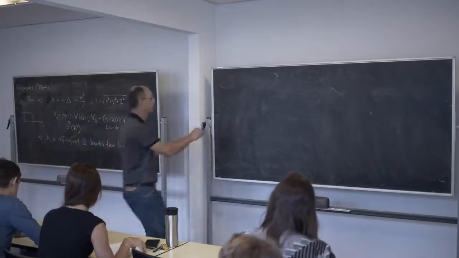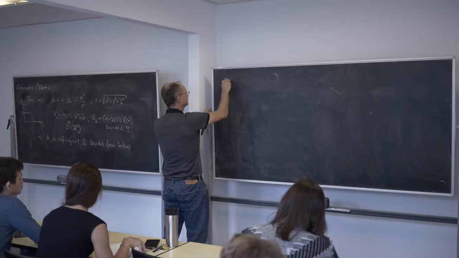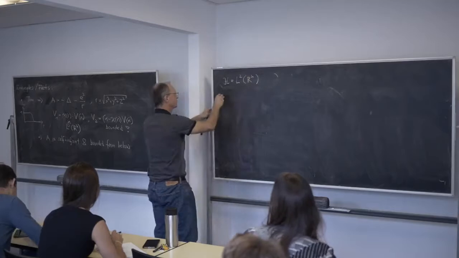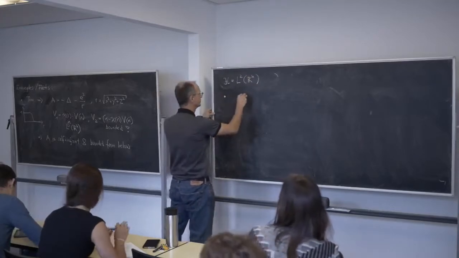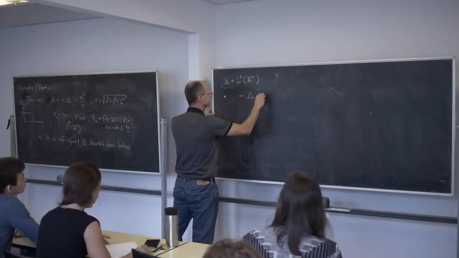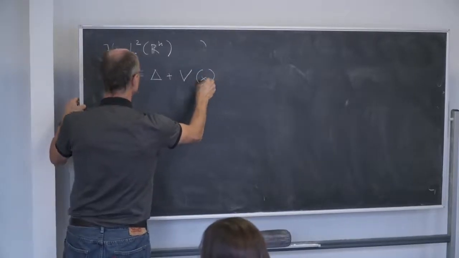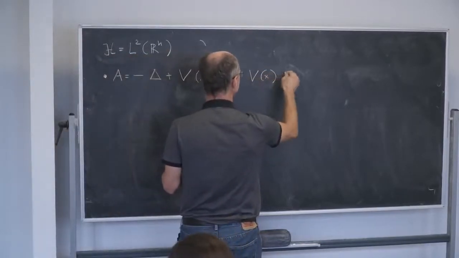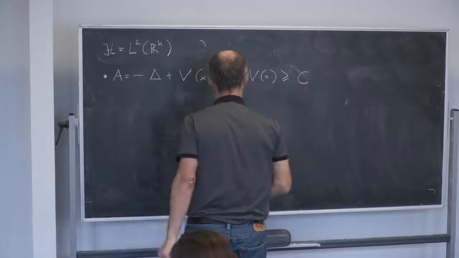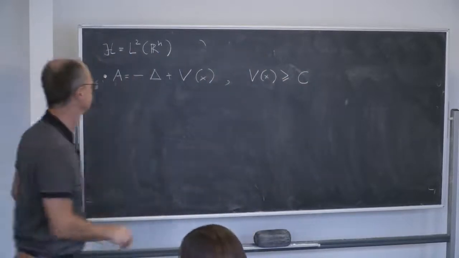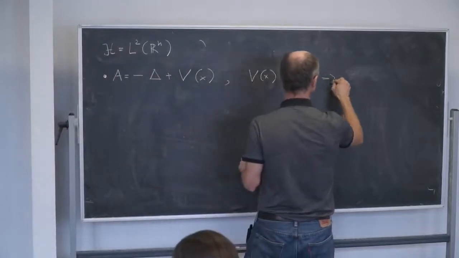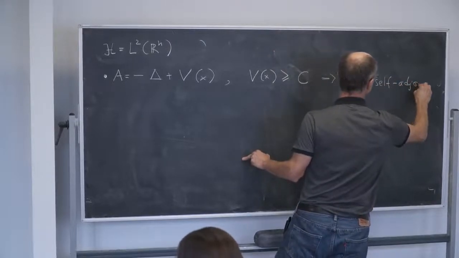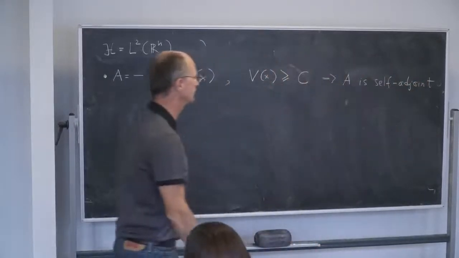So now for any n, the following facts are true. We consider this operator and we assume that v of x is bounded from below. And of course real. I always assume that v is real.